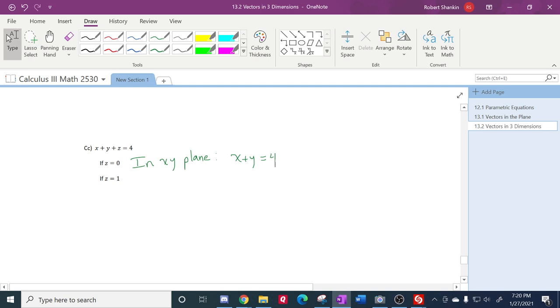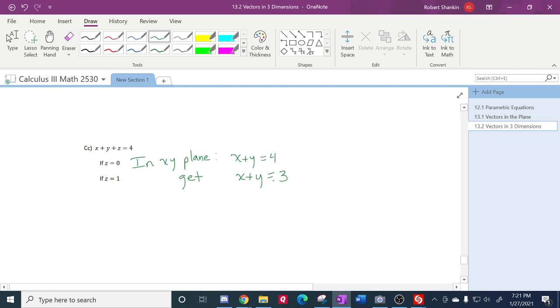Now, when z is equal to 1, we're not going to be in the xy plane anymore. We're going to be 1 foot above the floor. And we're going to wind up getting x plus y plus 1 equals 4, which will reduce to x plus y, subtract 1 from both sides, equals 3.